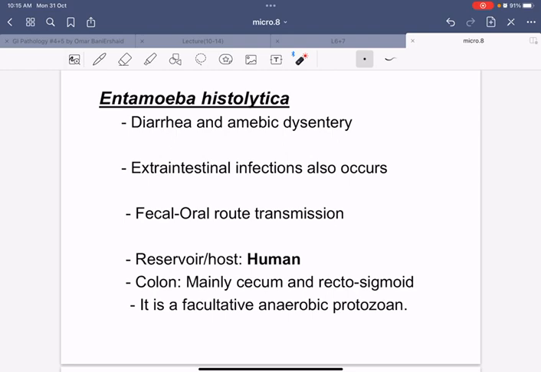Now they cause diarrhea and amoebic dysentery. Remember the word amoebic dysentery. What does amoebic dysentery mean? It means blood and pus.